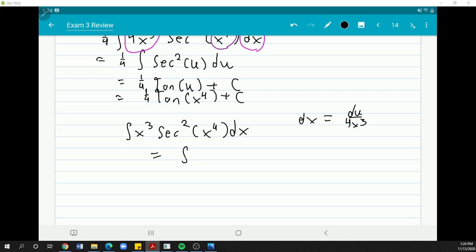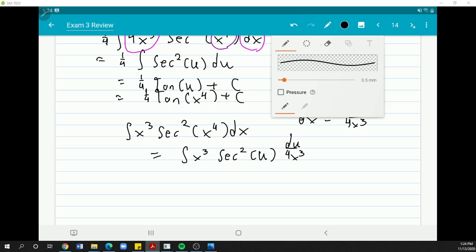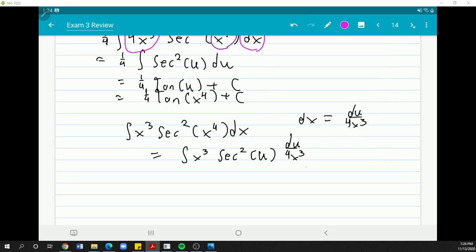So then this would become x cubed secant squared x to the 4th, let me replace that with u, secant squared u times du over 4x cubed. Now the x cubeds cancel, and the 1/4 pulls out, just like we had earlier. So that's a less tricksy way of doing it.